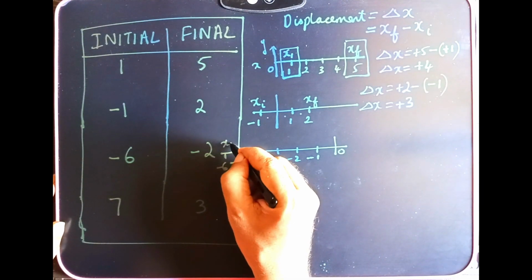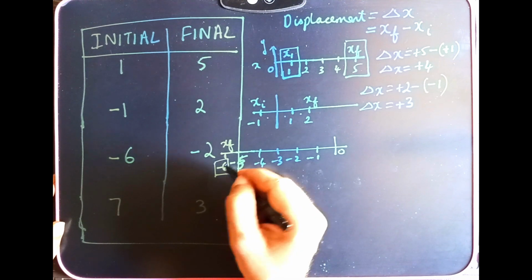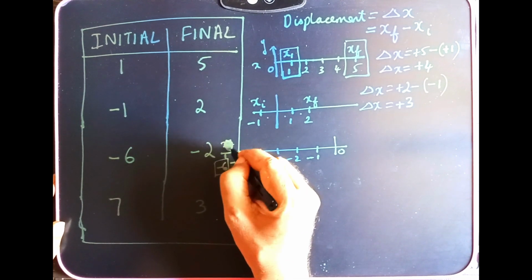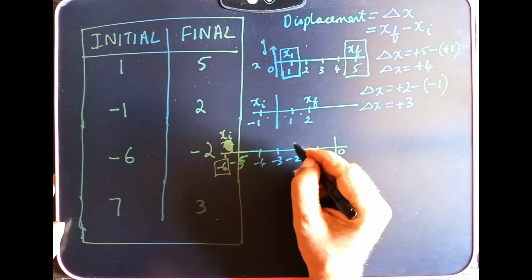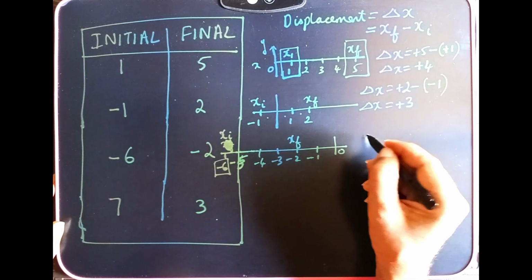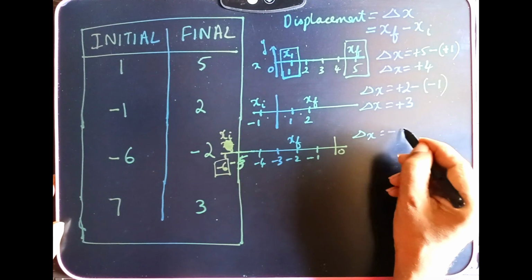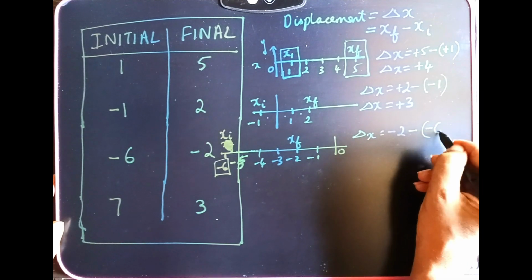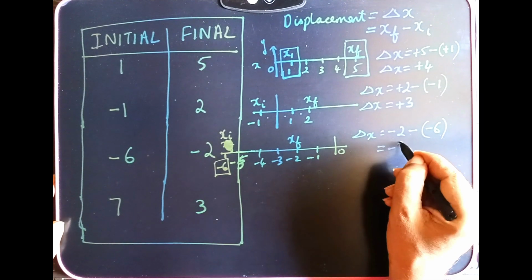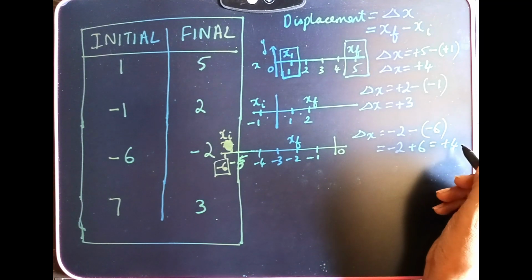Minus 6 is the initial, x initial, and minus 2 is x final. So delta x will be equal to final position minus 2 minus initial position, which is minus 6. So this will be minus 2 plus 6, which is positive 4.